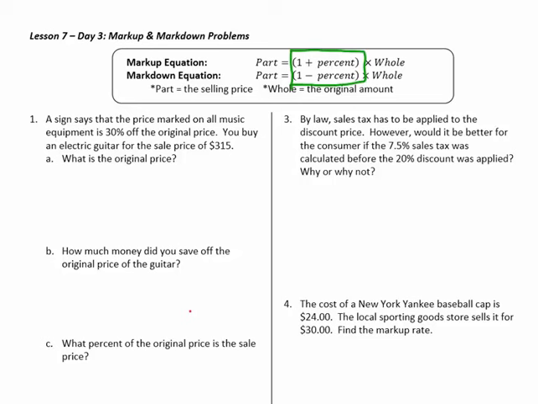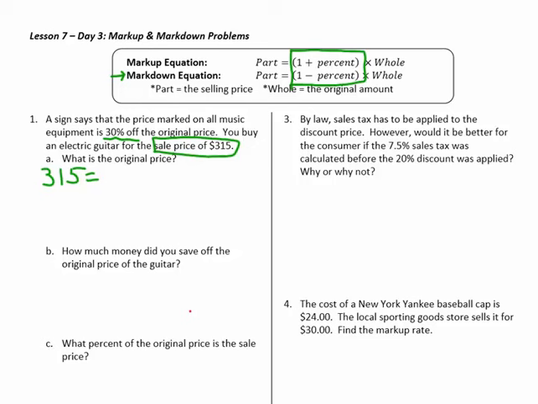A sign says that the price marked on all music equipment is 30% off. You buy an electric guitar for the sale price of $315. We want to know what the original price is. So it's a markdown, so I'm going to be using this equation here. My selling price is $315.